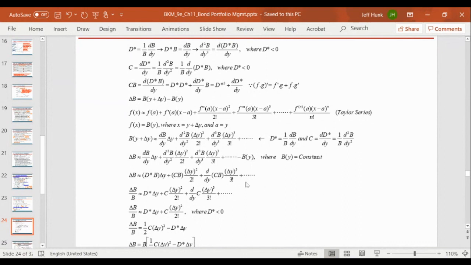So a Taylor series expansion is a technique to approximate any nth order function, any nth order equation.